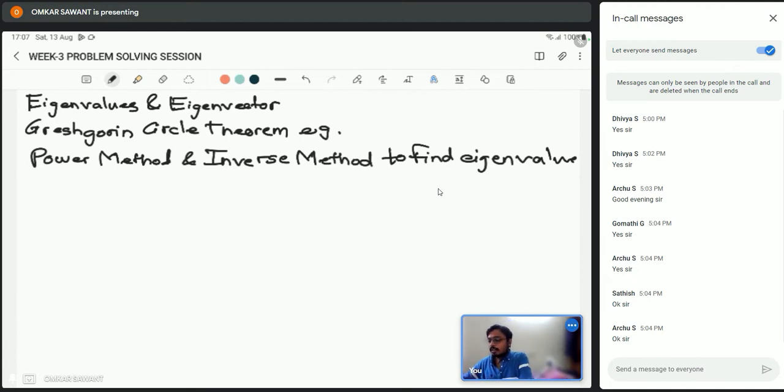Please let me know what are the things which are already taught this week among these three topics. Are all these three topics already covered this week?